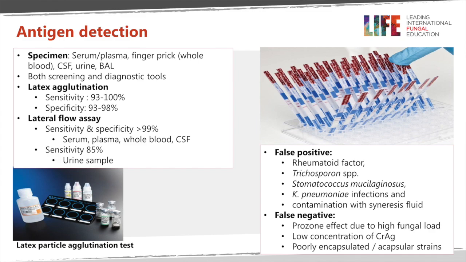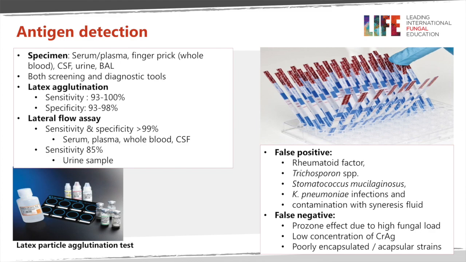So we can use antigen detection both as a screening approach and also as a diagnostic tool, and we can see here quite respectable figures for sensitivity and specificity. So, as I've said already, the lateral flow assay or the lateral flow device, a very simple concept. Here we're looking at sensitivity and specificity of up to 99%. So this is quite an advance over the existing latex agglutination test.